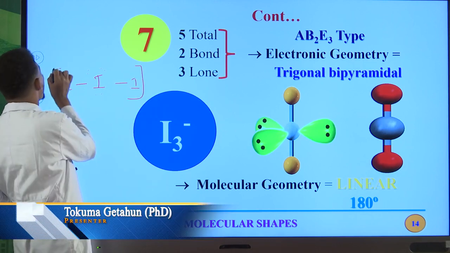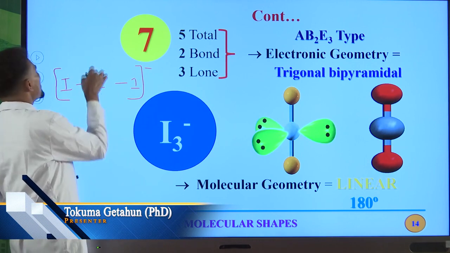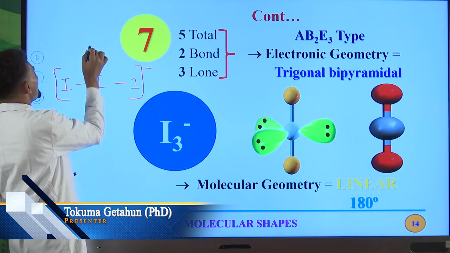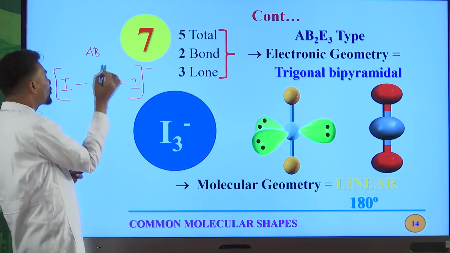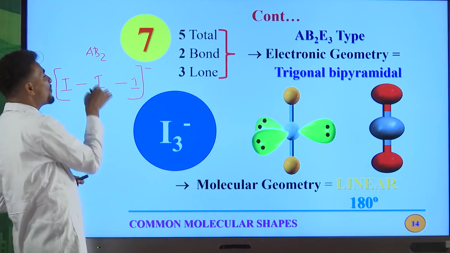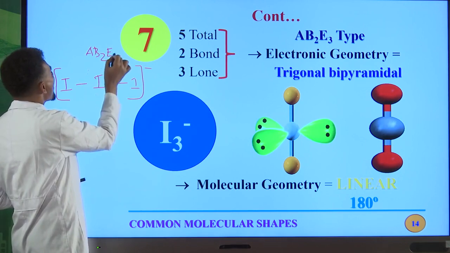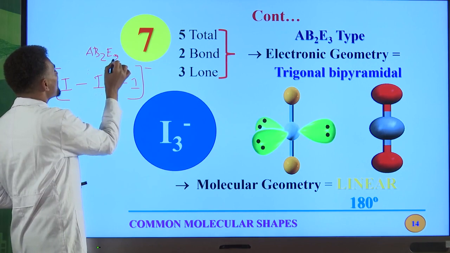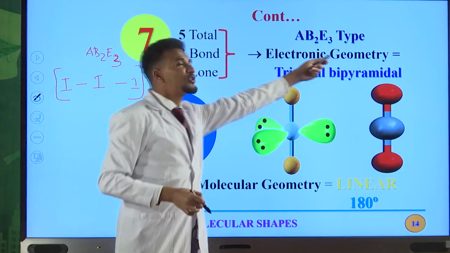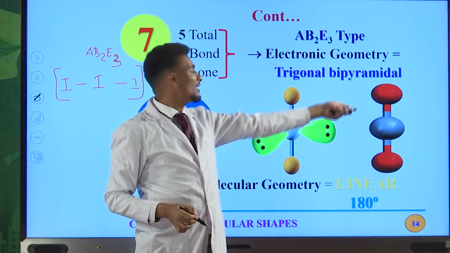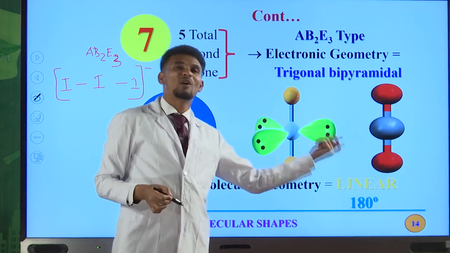This is the central atom A, and these are terminal atoms. How many atoms do we have? 2, AB2. How many lone pairs around the central atom? 3. So AB2E3 type. Therefore, its electronic geometry is trigonal bipyramidal, its molecular geometry is linear, and its bond angle is 180 degrees.